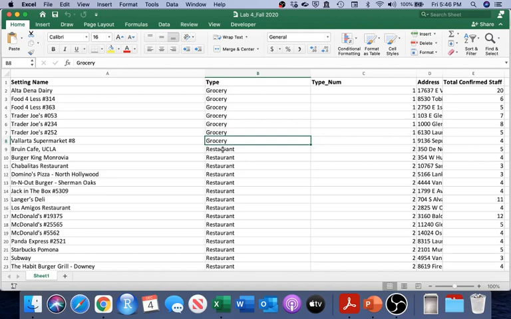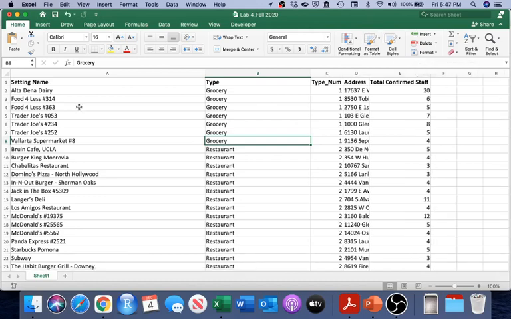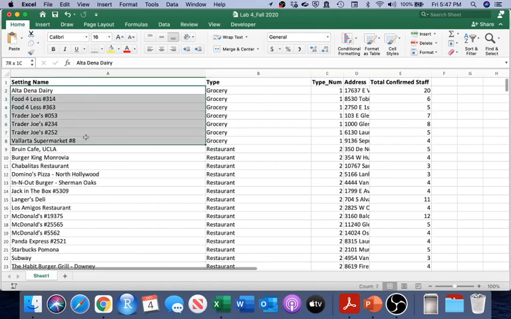So meaning that maybe one of these places will be more likely to have staff who are positive. So if you go to that type of area, setting type, then you are potentially having a higher risk of exposing yourself to someone who's positive with coronavirus, right? So that's what I was interested in.